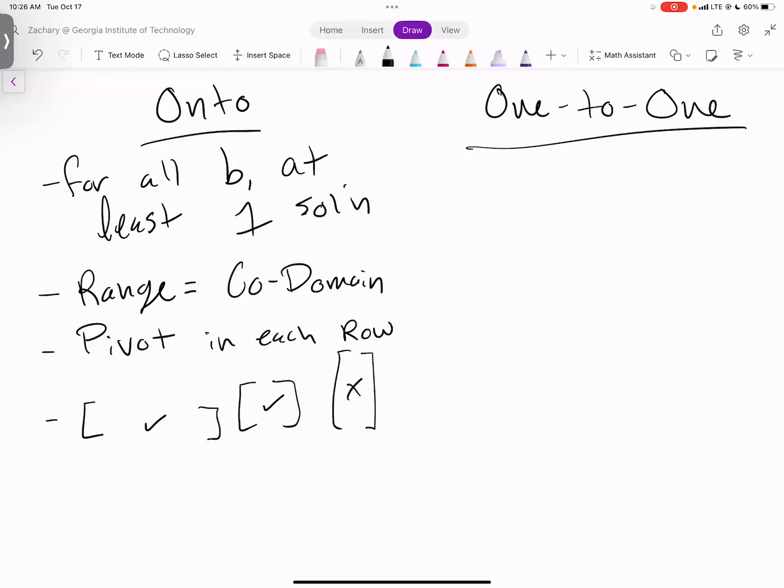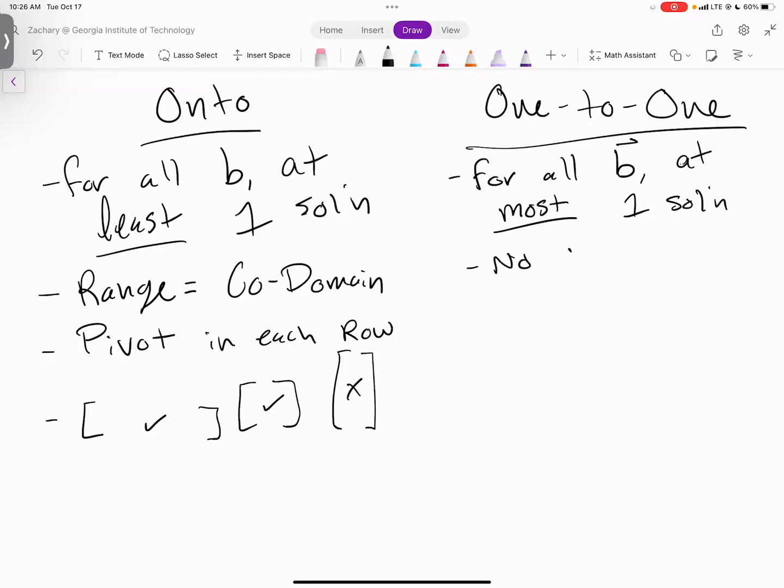For one-to-one, the last one was for at least one solution. This one is at most one solution. What I mean by that is there are no free variables.